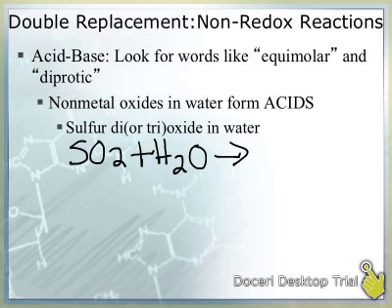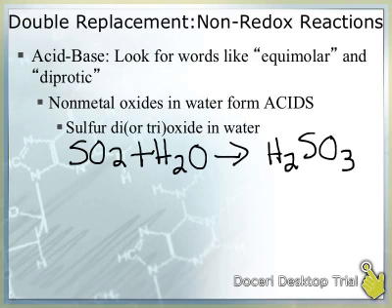How many hydrogens do I have? 2. How many sulfurs? 1. So my acid is going to be H2SO3. There's 3 oxygens, 2 hydrogens, 1 sulfur. Anyone want to take a stab at what acid we are dealing with? What is SO3 first of all? Sulfite. This is going to be sulfurous acid.